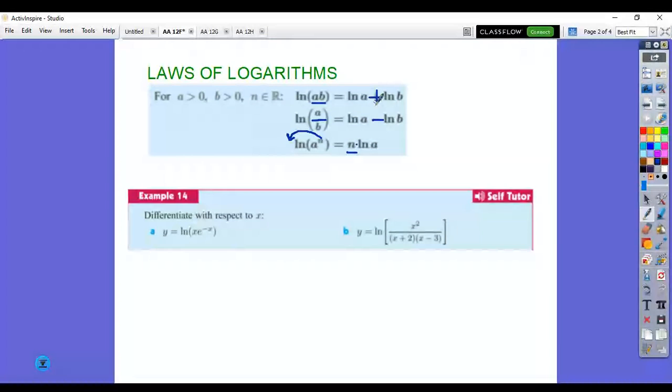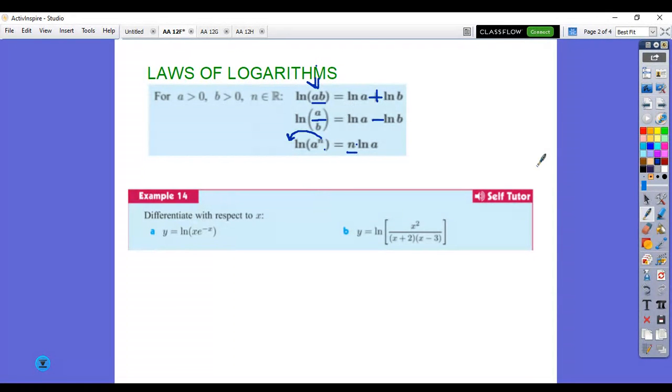So when things are being added or subtracted, the derivative is so much easier because then we don't need to apply the product rule. When it's written on the left side here, we would have to use product rule, quotient rule, chain rule, where this will be easier.